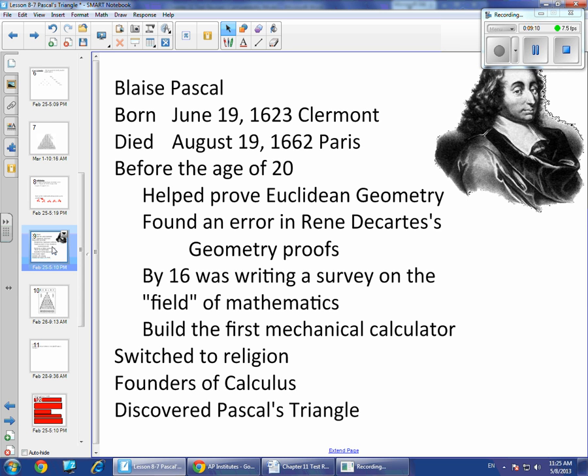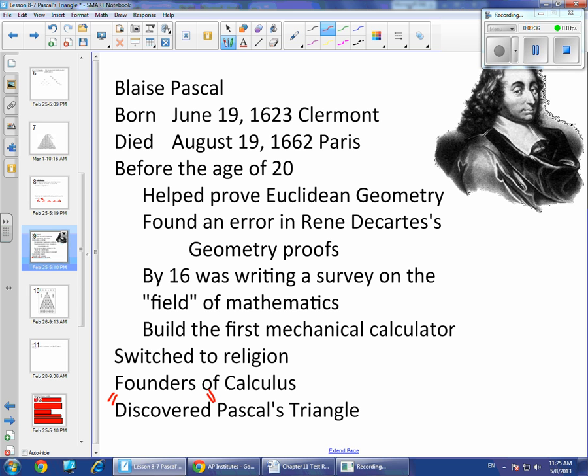So all that geometry stuff that you learn from a book, he basically helped prove. By 16, he was writing his own math book, and he invented his own calculator. Like a lot of mathematicians, he was also very religious. He was one of the founders of calculus, and he discovered, in quotes, Pascal's triangle.